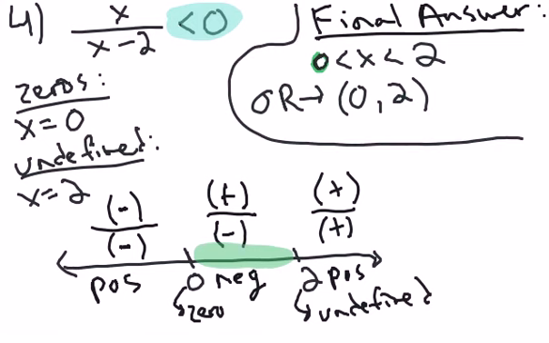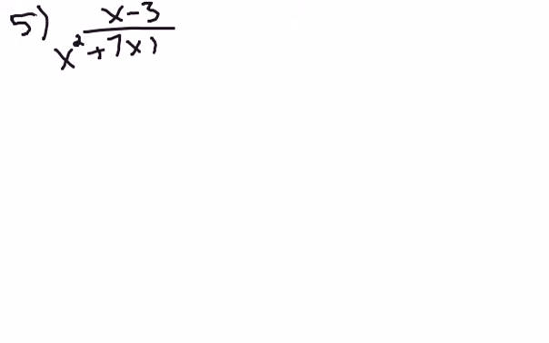Okay, and then we have our final problem, which is also a rational function. So let's look at number 5, which says x minus 3 divided by x squared plus 7x plus 10 greater than or equal to 0.